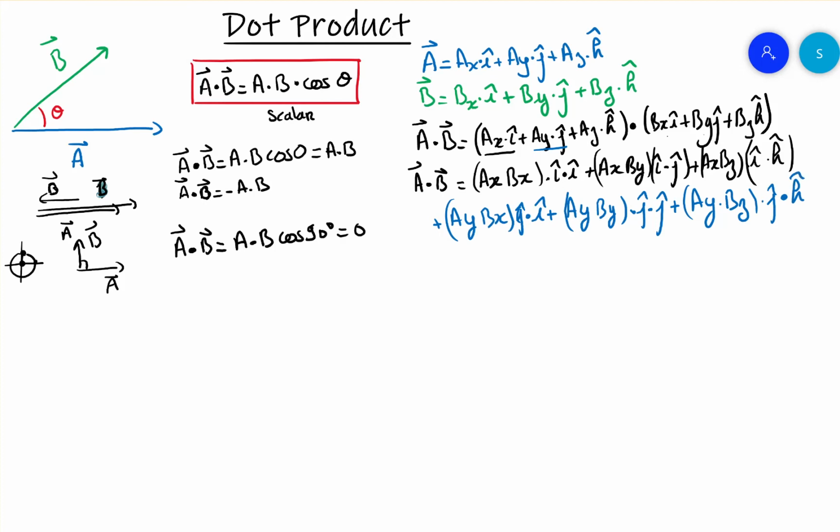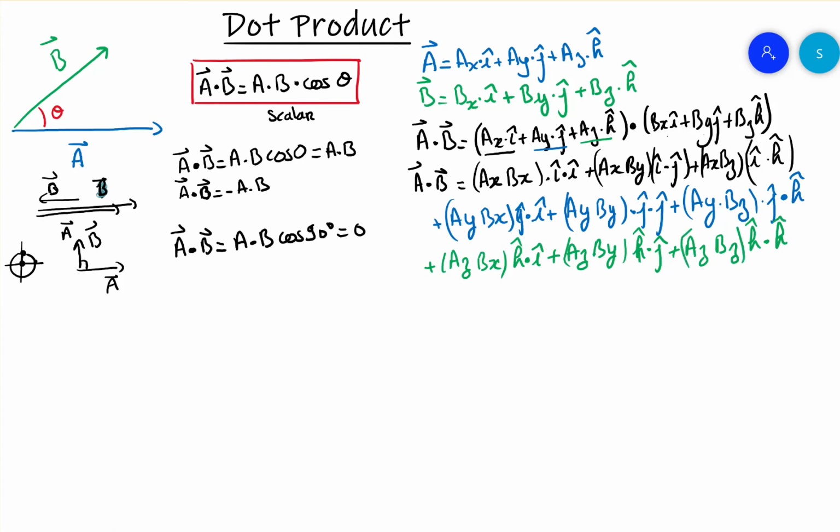So that's for Ay. And now for Az: plus Az Bx k hat dot i hat, plus Az By k hat dot j hat, and plus Az Bz k hat dot k hat. I know it's a bit long, I just do it once.